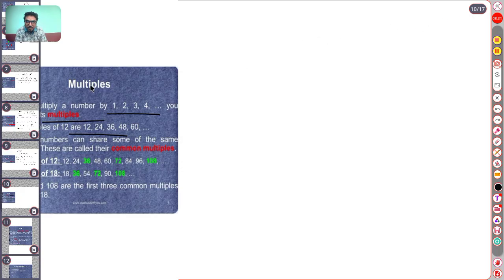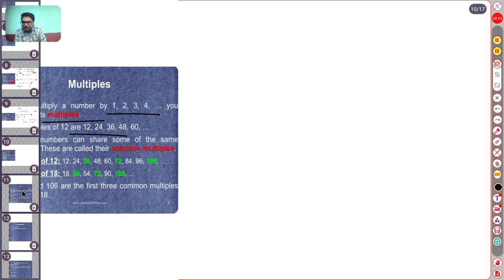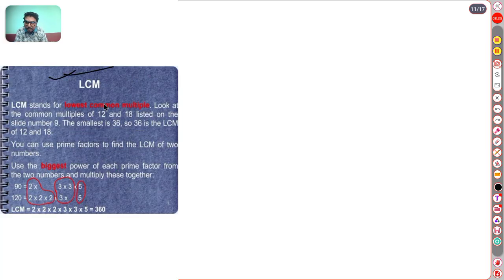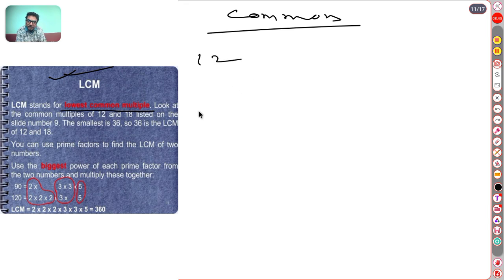Now we see the common multiple. LCM stands for lowest common multiple. What is a common multiple? If we take two numbers, 12 and 18, then we have to find the common multiples. First we calculate the multiples of 12.